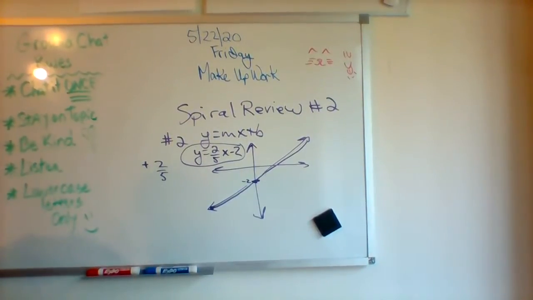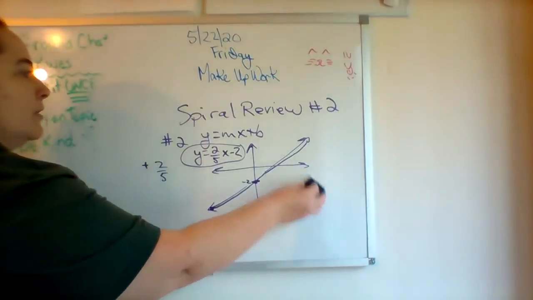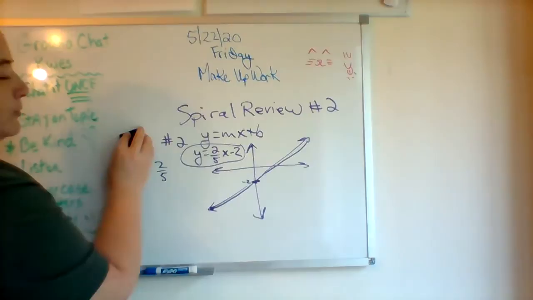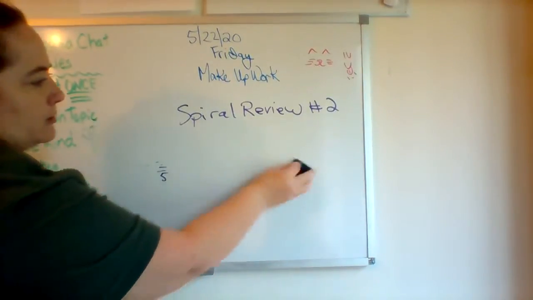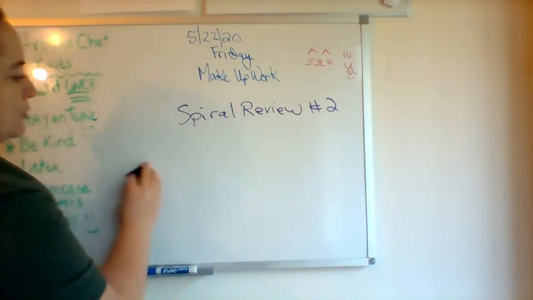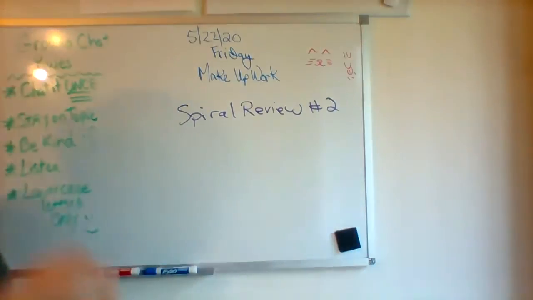All right, number 8, you have some options. It really depends on how comfortable you are calculating a slope, whether you like to use the slope triangles or if you like to use the formula. When you get to algebra, you're most likely going to be using the formula a lot.